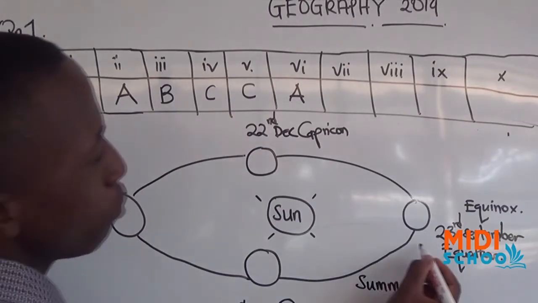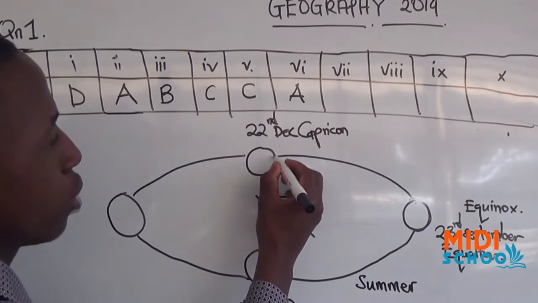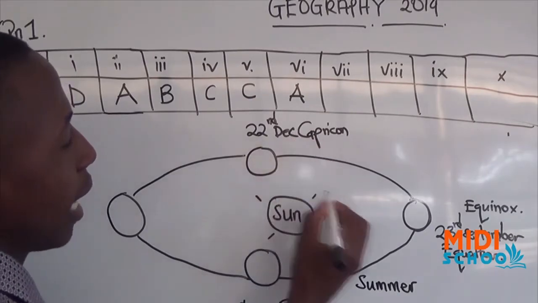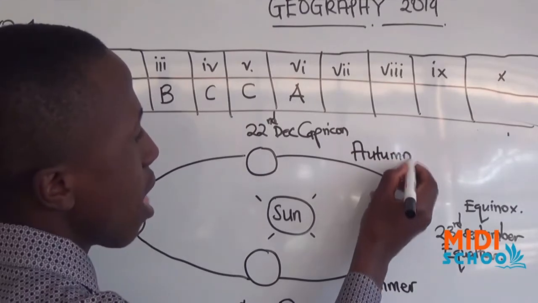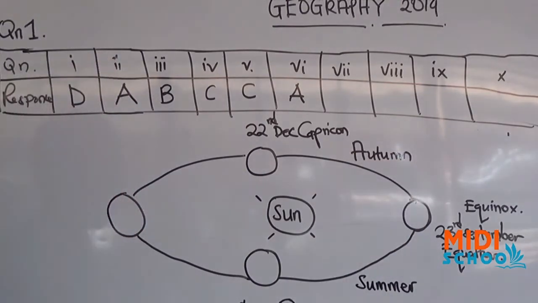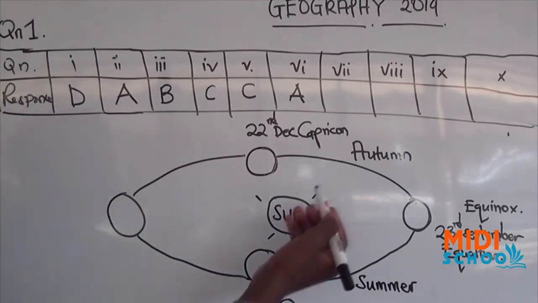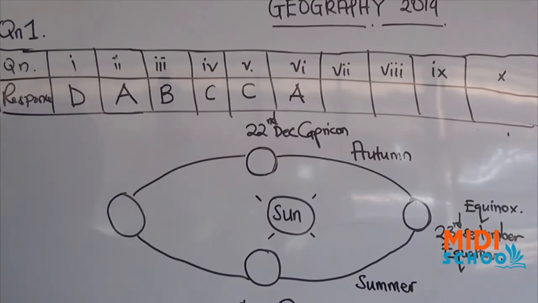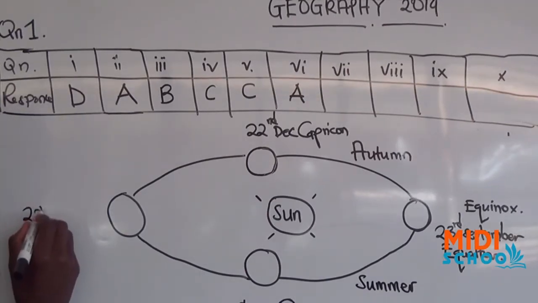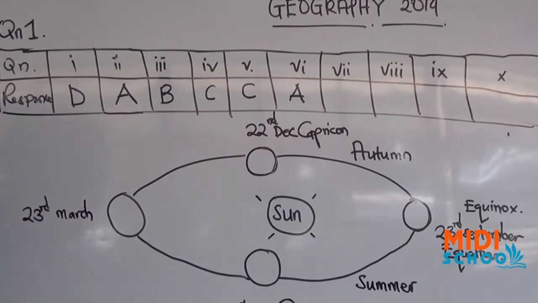And the season from the equator to the Tropic of Capricorn will be autumn. But from the 22nd of December, from the Tropic of Capricorn, as the earth continues revolving around the sun, it will come to the 23rd of March.